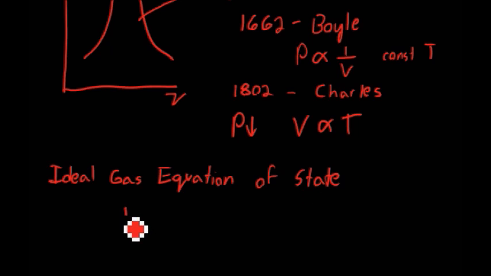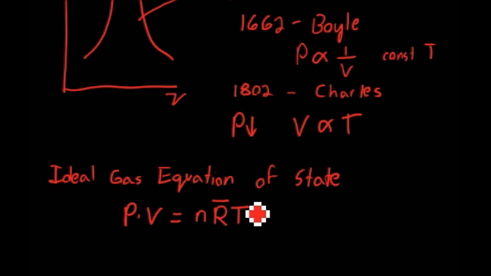That is essentially the pressure times the volume is equal to the number of moles, which we are not discussing in this series, but I encourage you to look it up if you do not understand what it is, times the ideal gas constant, I'm going to put a bar over it, and I'll explain that really soon, times the temperature.